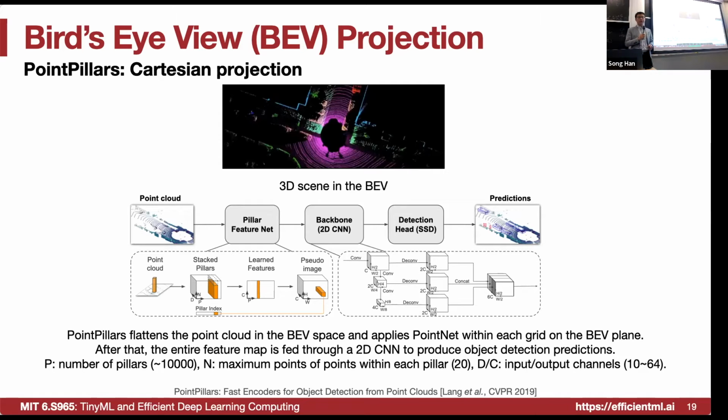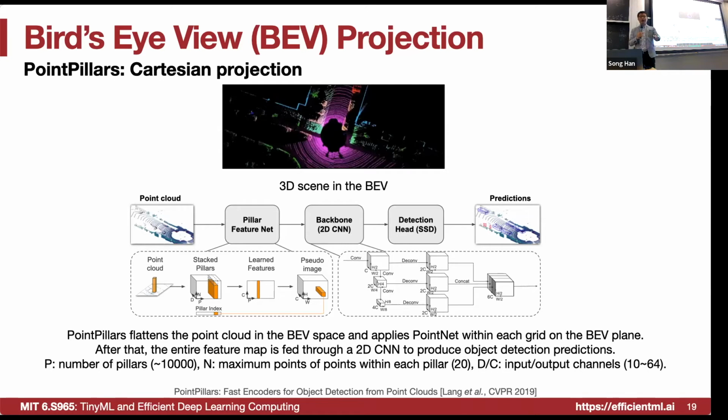Assuming that in only one XY location, there can be multiple objects stacked together, we are projecting the 3D space into 2D space, and assuming that you cannot have a vehicle on top of another vehicle. That's why we are doing this pooling. It's also called pillar pooling.